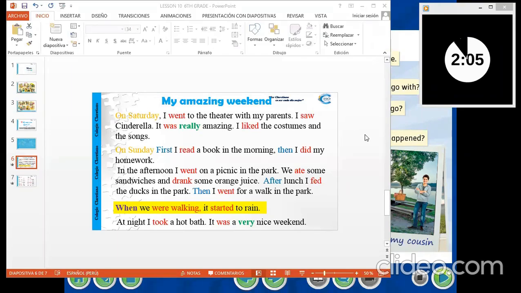Solo recordarles que me envíen por CNN su writing, nada más. Pero, profe, nuestro texto, ¿hasta cuándo lo tenemos que enviar? Hasta el jueves. Hasta el jueves, ¿no? El jueves.